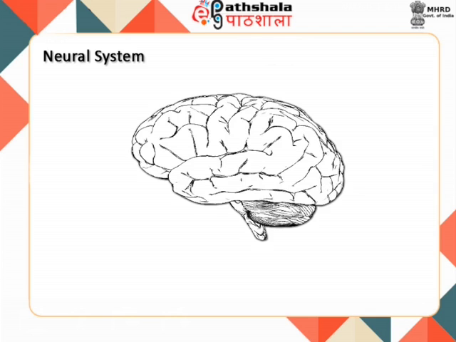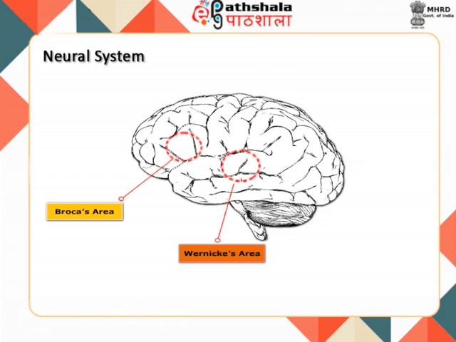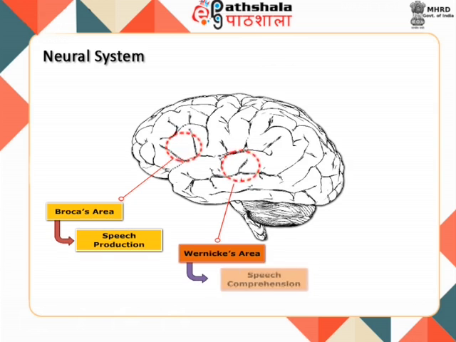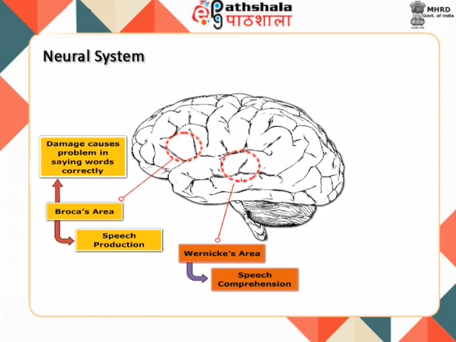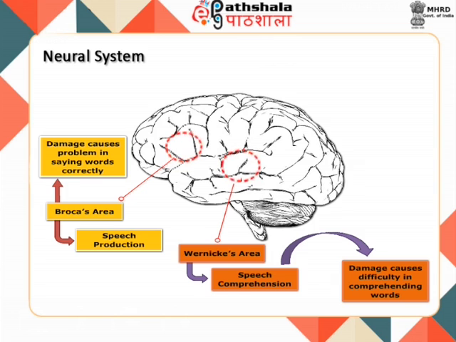Left hemisphere of the human brain has language centers, namely the Broca's area and the Wernicke's area, which are responsible for speech production and comprehension respectively. Individuals with damage in the Broca's area have problems in saying words correctly. Individuals with damage to Wernicke's area often produce fluent but incomprehensible speech, and they have difficulty comprehending words.